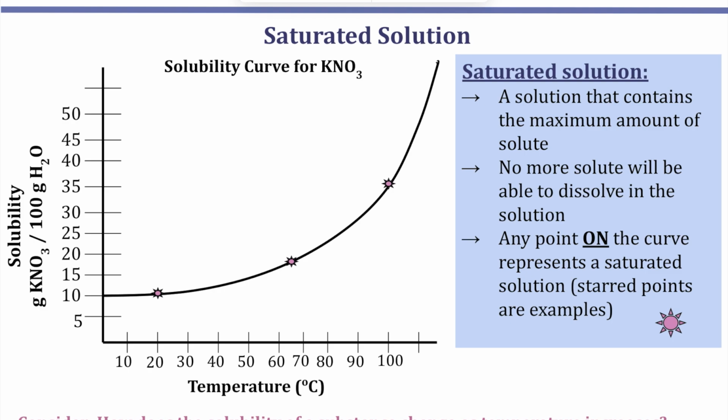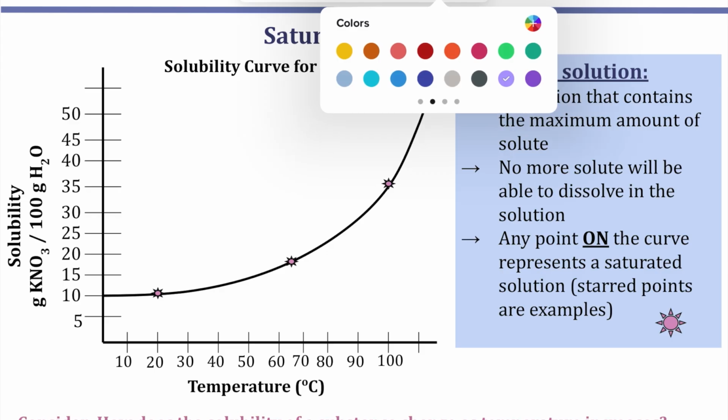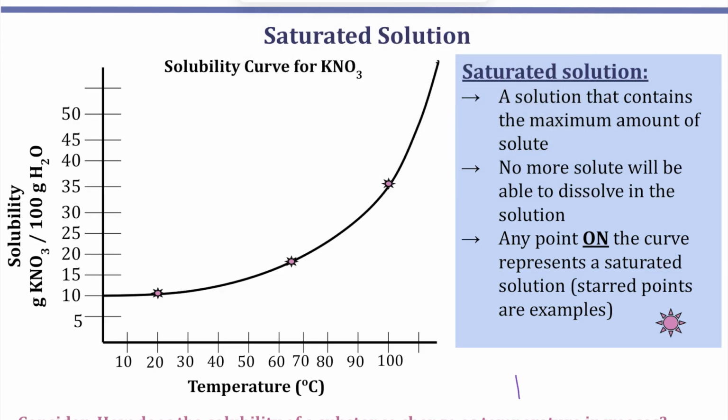One thing to consider, how does the solubility of a substance change as the temperature increases? As we look at our graph here, temperature is increasing to the right. So what is happening with our solubility? Well, it appears to me that as the temperature is increasing, the solubility is increasing as well.